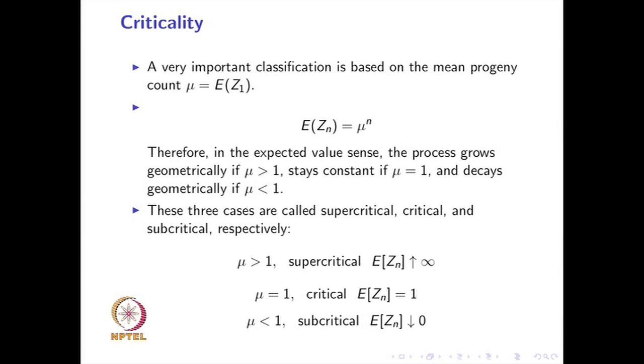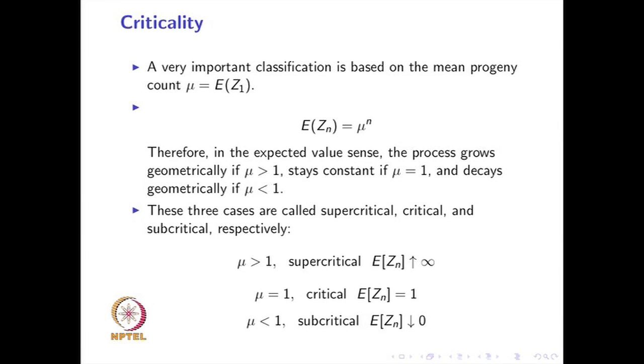If mu is equal to 1, then the process stays constant, whereas if mu is less than 1, the process decays geometrically. Thus, three cases are called supercritical, critical and subcritical respectively.